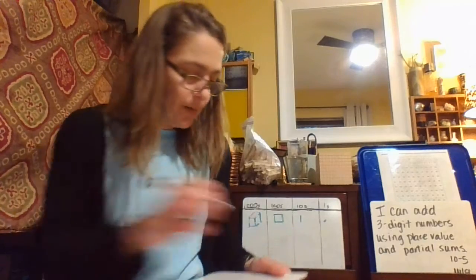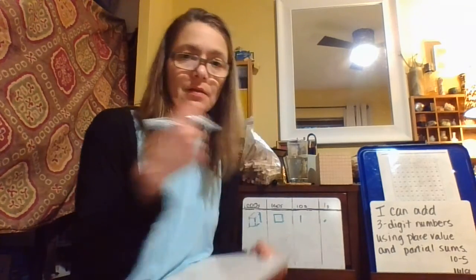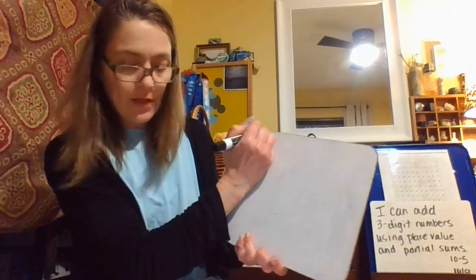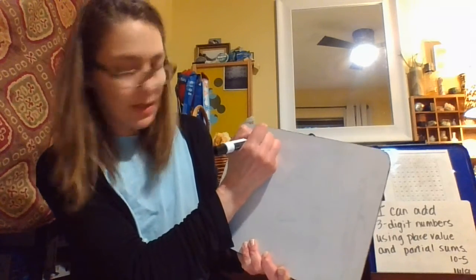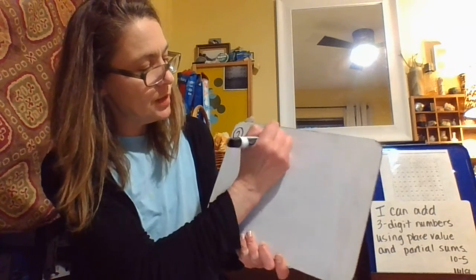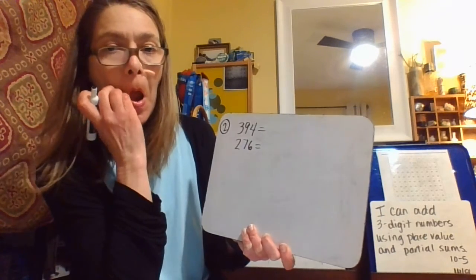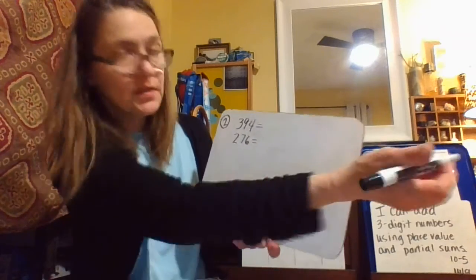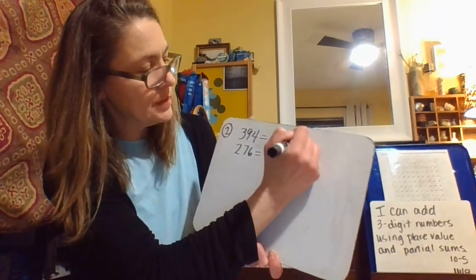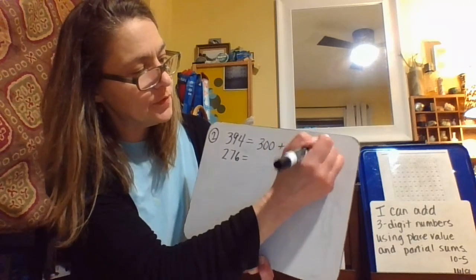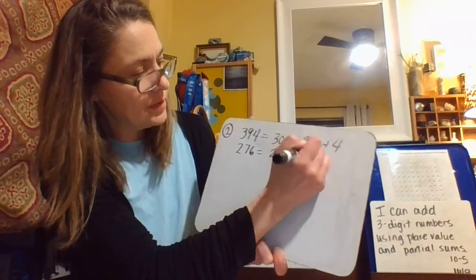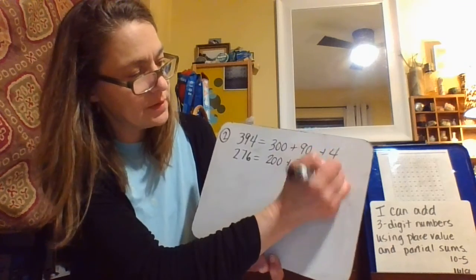Number 2 in guided practice, let's practice the way I showed you, my way. Okay, and they even line it up for you, 394 and 276. So let's do the equal sign. And we're going to expand it out. So we have 300 plus 90 plus 4. 200 plus 70 plus 6.